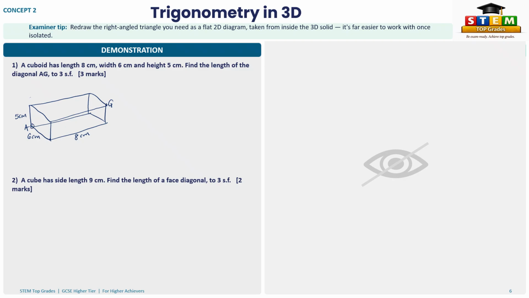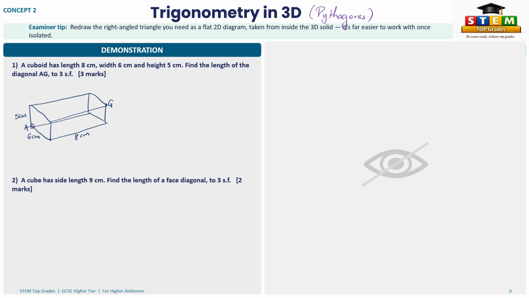Now, you need to remember that for 3D shapes, we use 3D Pythagoras. So I'm going to make a note for you here. We're going to do one triangle at a time, so we have two triangles to deal with. I'm going to color code this for you.